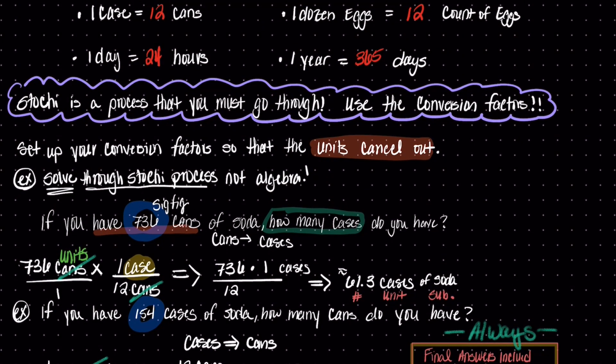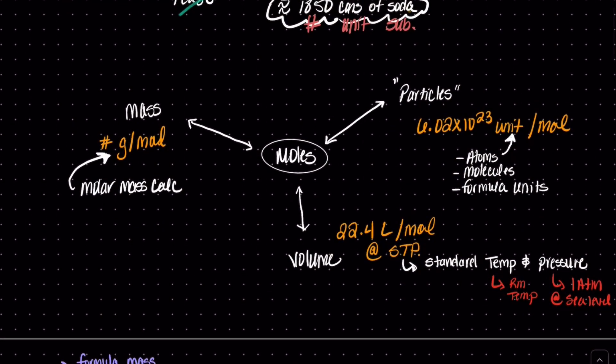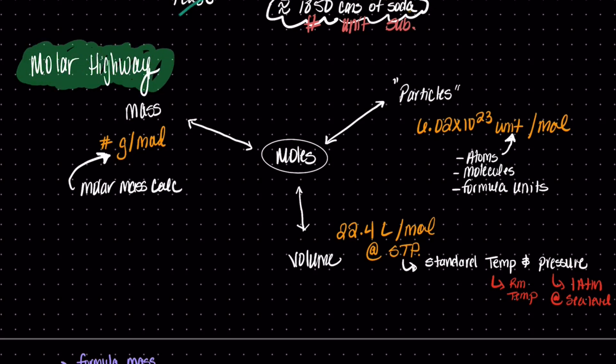So that's the basis of stoichiometry here. And to do stoichiometry, you need to have neat work and a kind of roadmap. The roadmap is as follows. This right here is called the molar highway. And on the highway, we must stay on the road, which means there are no side streets, back roads, back alleys, underground tunnels, or what have you.